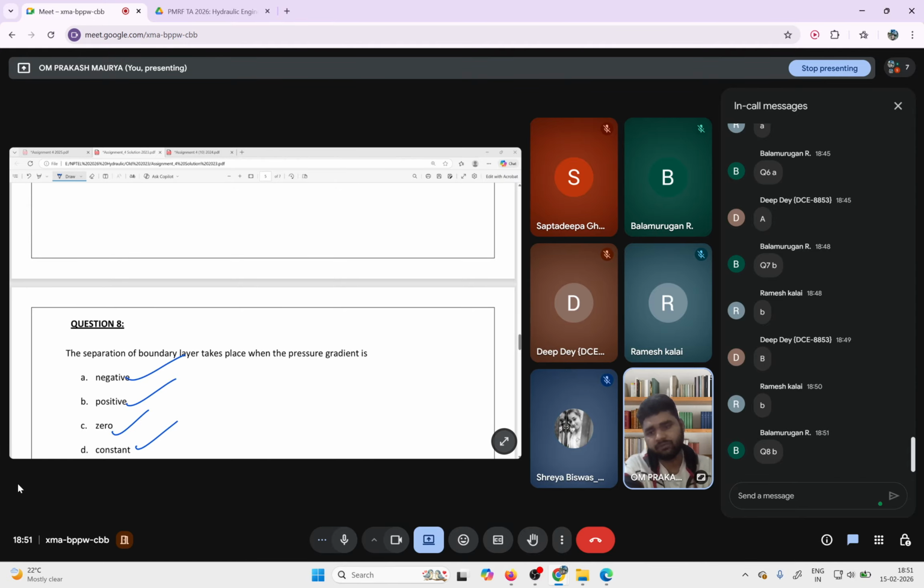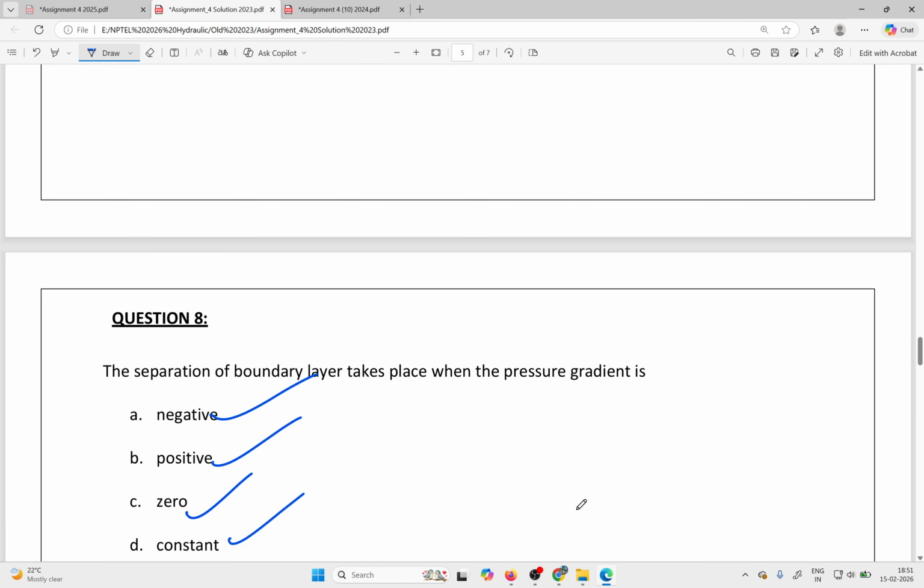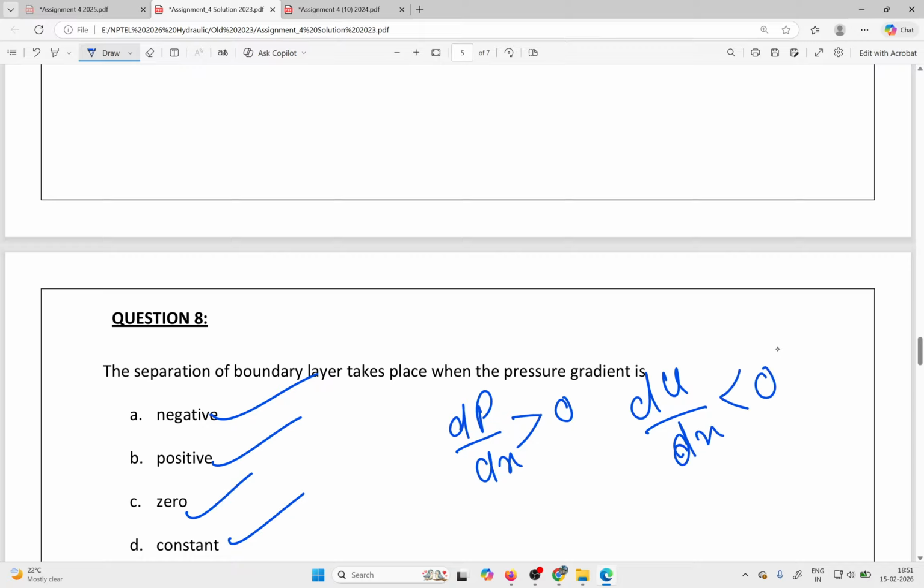That is positive. Your boundary layer separation will happen when the pressure gradient is positive, that is del P by del X is positive. So remember, if pressure is increasing, then your velocity should be, so both these conditions need to happen for the separation of boundary layer.